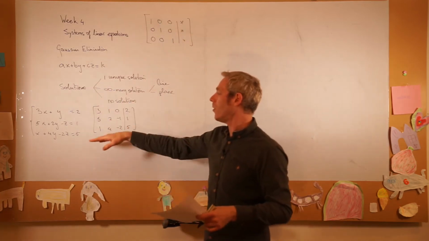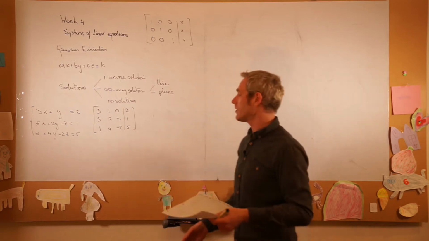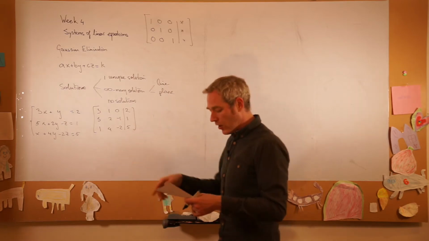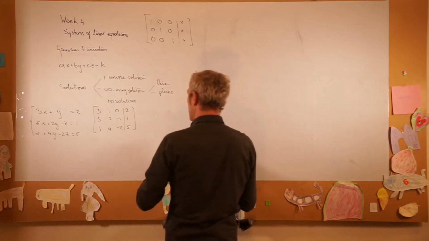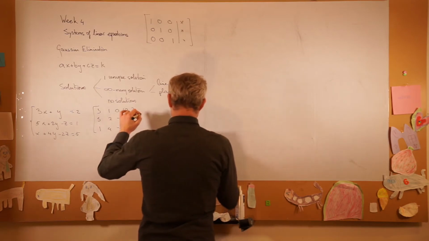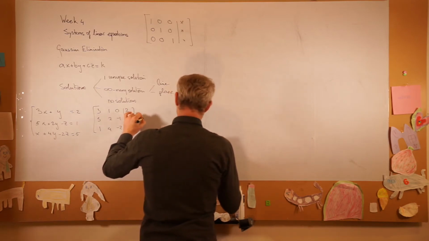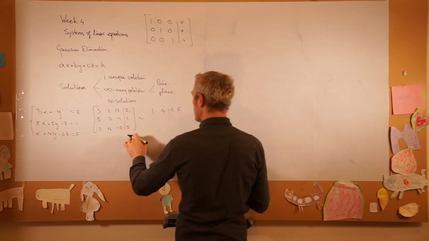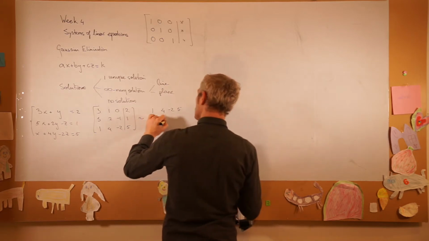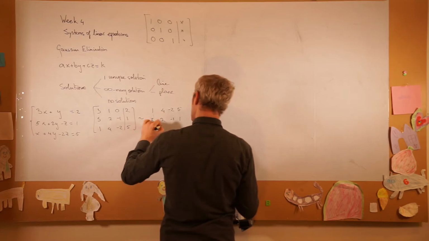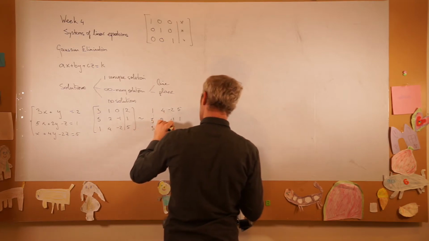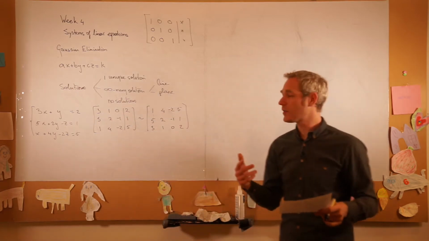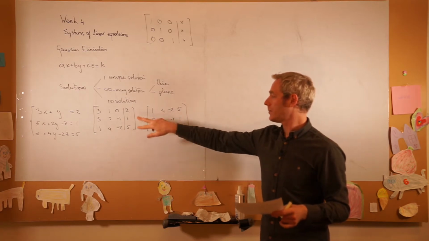The order of these equations doesn't really matter, so I'm going to put this last equation on top: 1, 4, minus 2, 5, then 5, 2, minus 1, 1, and 1, 1, 0, 2. So the only thing I've done is switch the first and the last rows.